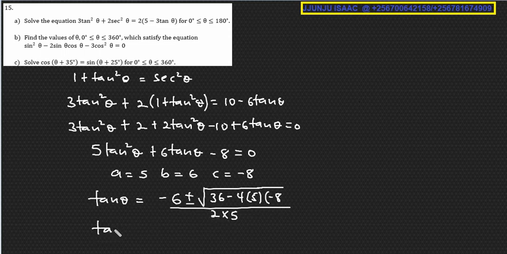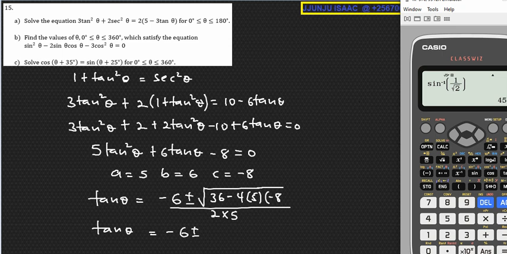So we have tan theta equal to negative 6 plus or minus. Let us check and see from the calc here.